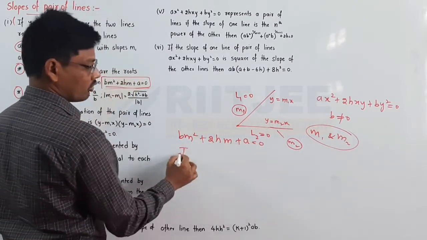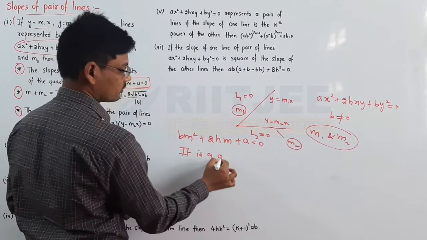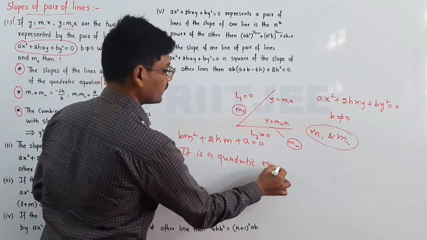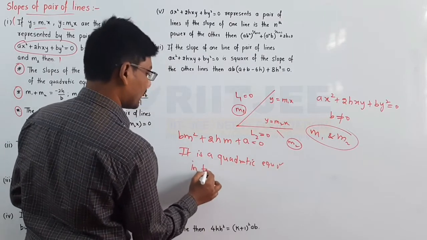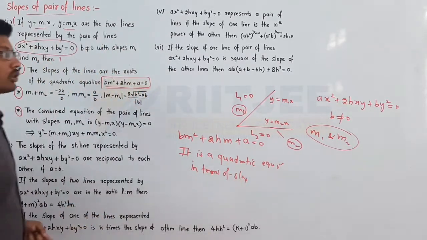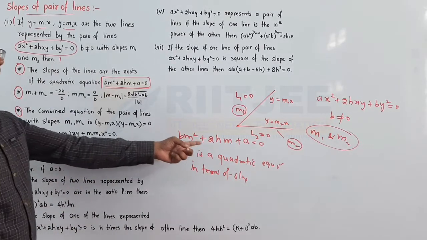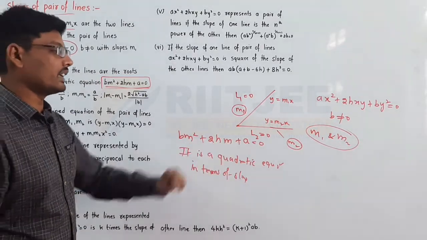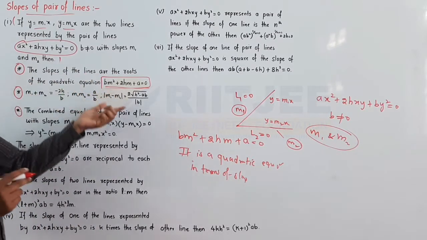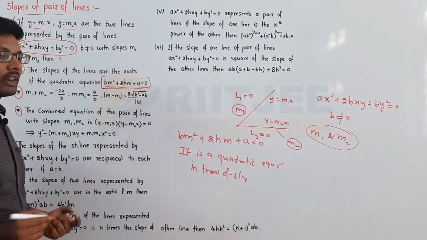It is a quadratic equation in terms of slope. This is the first point: the slopes of the lines are roots of the quadratic equation. This is the most important expression for the slope.